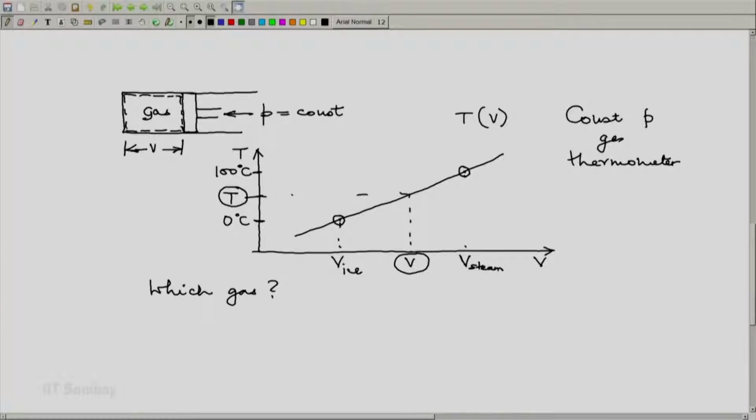Not only that, it also depends on which pressure you fix the gas at. And of course, such arbitrariness is not good for precise measurement of temperature.